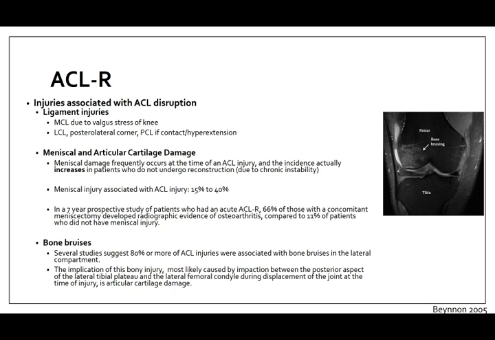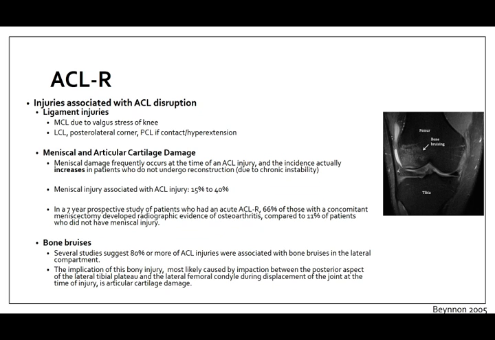There can also be meniscal and articular cartilage damage, and as we talked about in the previous lecture, they would address these during surgery as well, but the ACL would probably be the biggest surgical component to undergo at that time, unless they have like a meniscus repair or a microfracture. So you want to make sure you address which surgical intervention takes precedence when you're trying to rehab your patient.